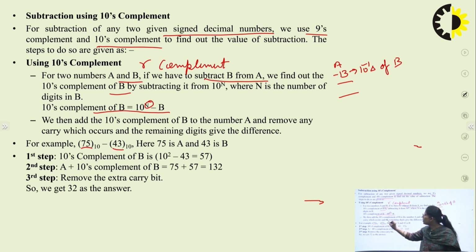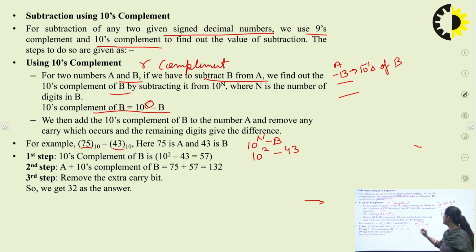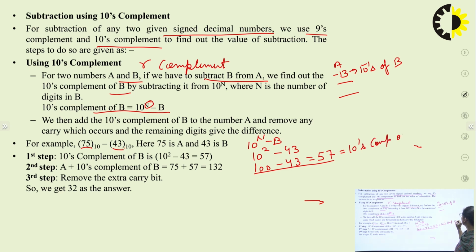So the 10's complement of B is 10 to the power n minus B, that is 10 to the power 2 minus B, where B is 43. First we get 100 minus 43 is equal to 57, and this is the 10's complement of B.